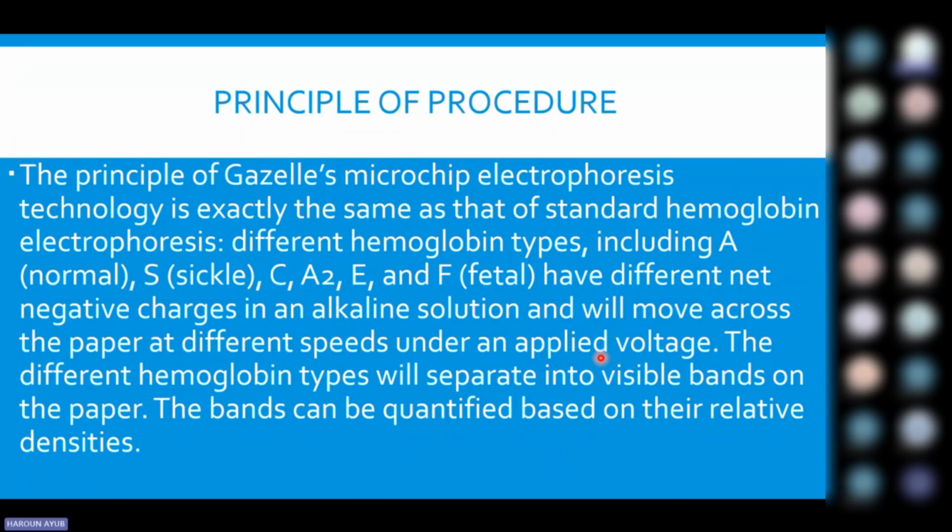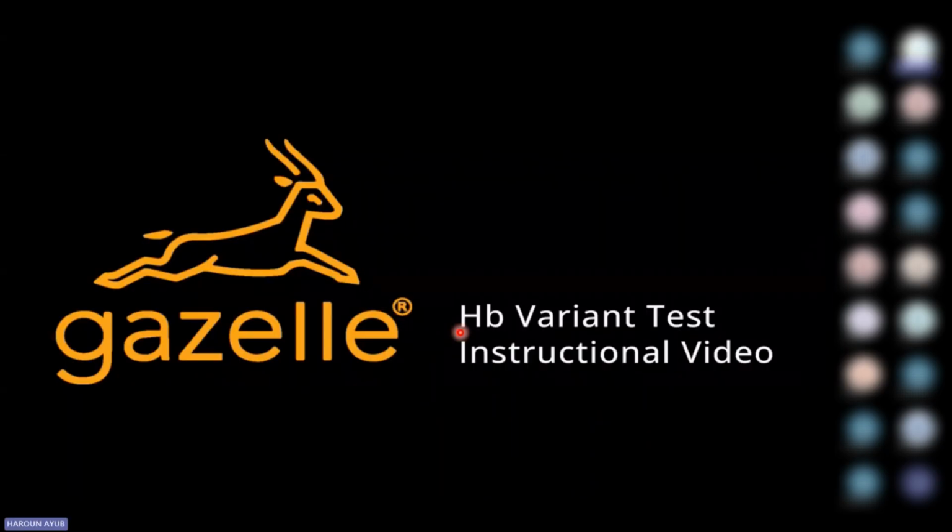Usually when you're doing gel electrophoresis, you'll apply a voltage, either 10, 20, or 40 volts, depending on the setup. For the machine, it's already calibrated for the voltage that it will use, and then the migration will happen depending on the net charges. We'll briefly look at a demonstration video for the process, and then we'll be able to discuss it.